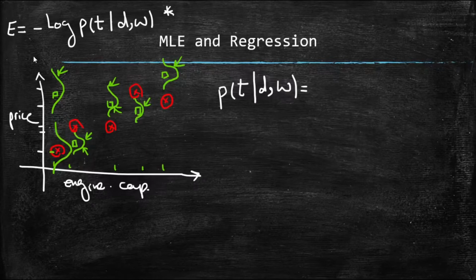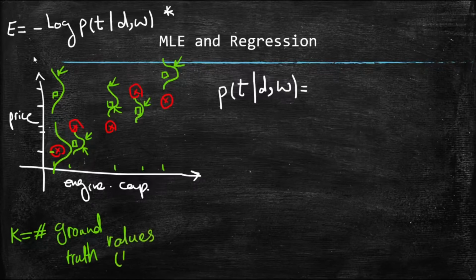It means that, so let's say K is the number of my ground truth values, basically the number of t's that I have, right?